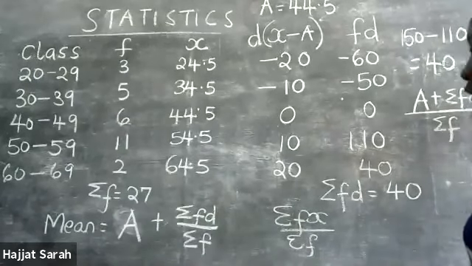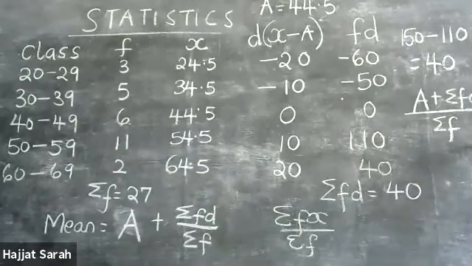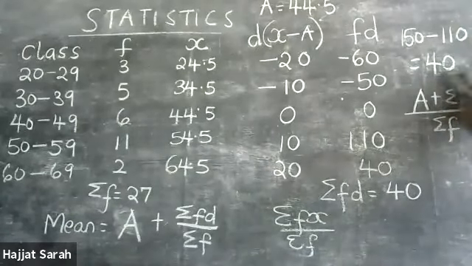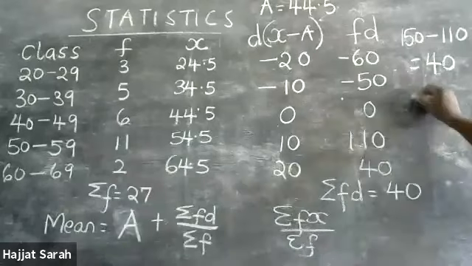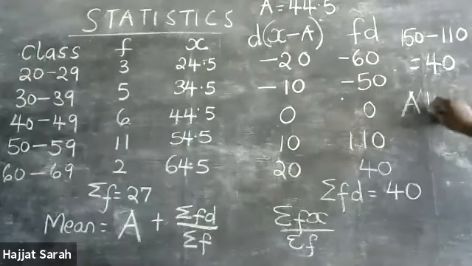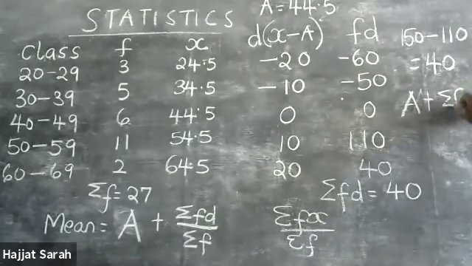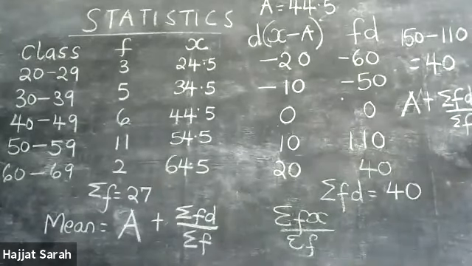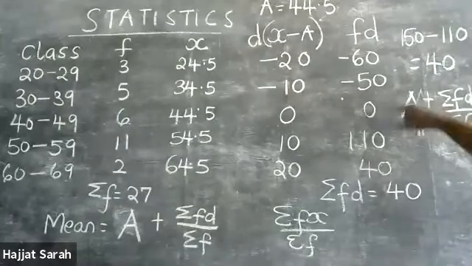This will be very wrong. We don't put it under common denominator, but what do we say? It is A plus summation of FD, and this is what we divide by summation of F. Are we together? The A must be alone.